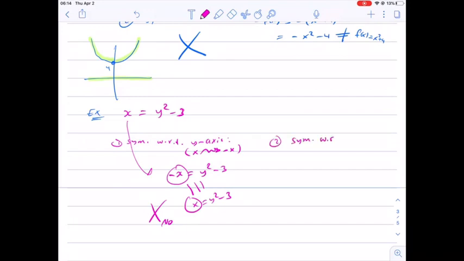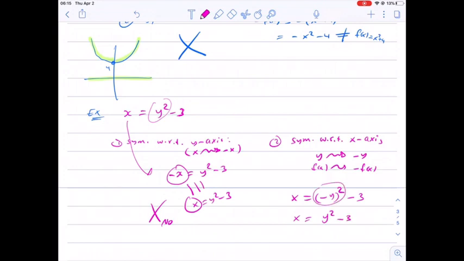What about symmetry with respect to the x-axis? In this case, we change y into negative y, or f of x into negative f of x. But here we just have y. So let's substitute negative y for y. This gives us x equals negative y squared minus 3, and that is x equals positive y squared minus 3.